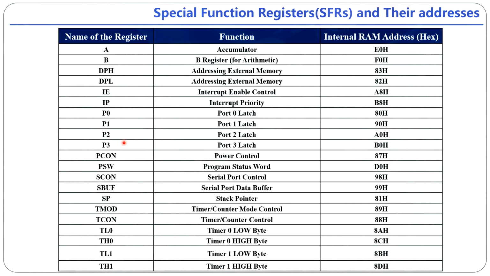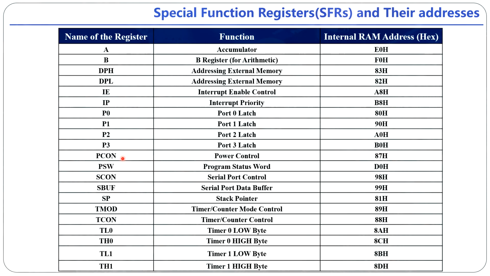Next register is P2 register, the function of this register is P2 latch. The location of this register is A0H. Next register is P3 register, that is the port 3 latch. The location of this register is B0H.